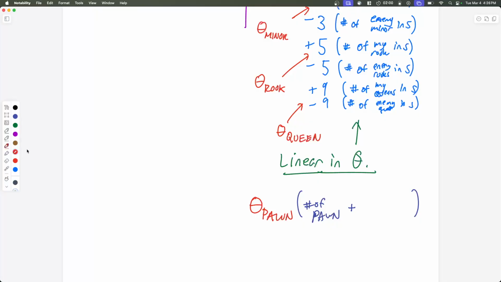So we'll have another theta, like theta for how close to promoting, and that'll be summed over each pawn, times how far away the pawn is. And now it's a nonlinear function.